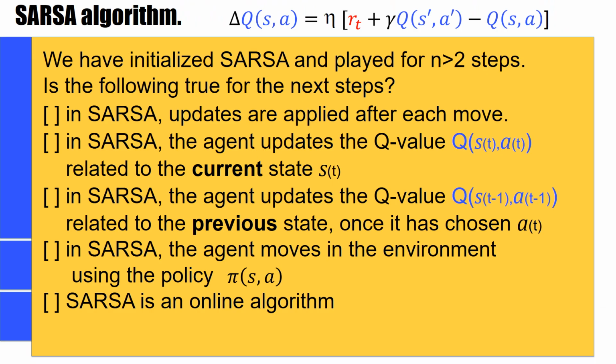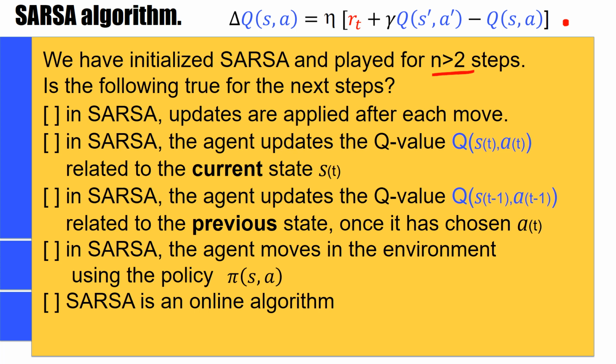Let's finish with a quiz on the SARSA algorithm. Here again the update rule. Now suppose we have initialized SARSA and played for many steps, at least 3 steps. Is the following true for the next steps? And we do the first 3 together, the first 3 questions.